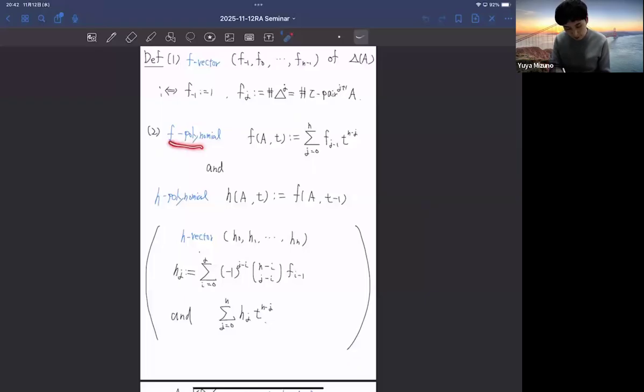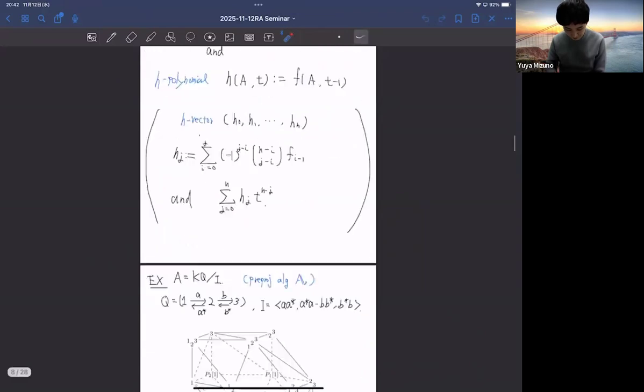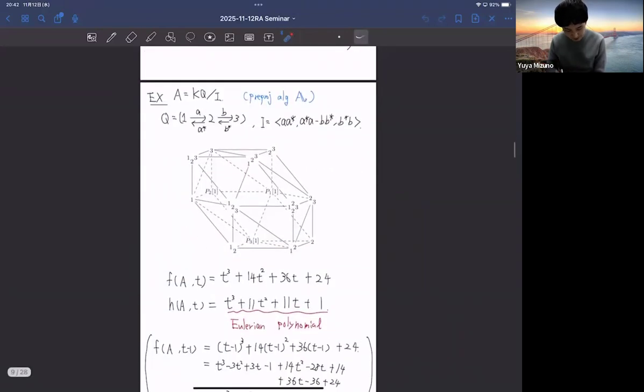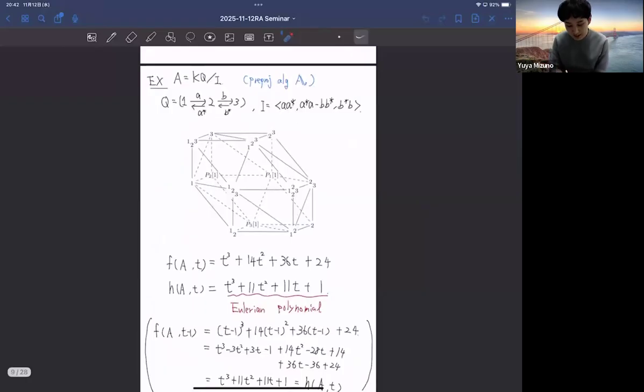So anyway, the f-polynomial and h-polynomial have kind of the same information. Namely, if we determine the f-polynomial, we can also determine the h-polynomial, and vice versa. So let me briefly explain these notions.